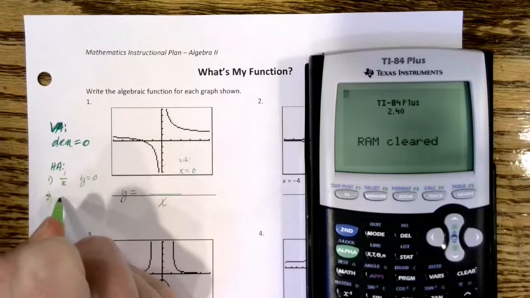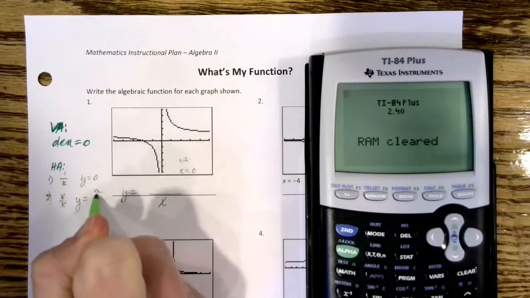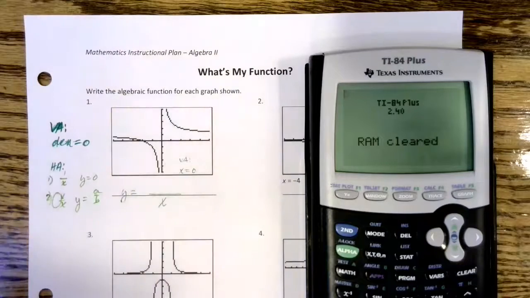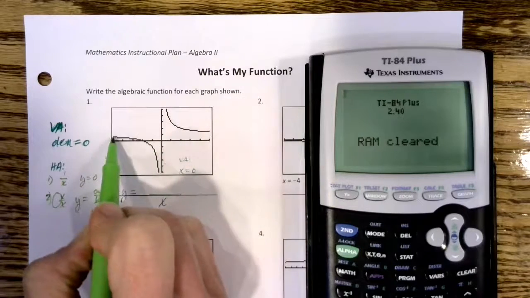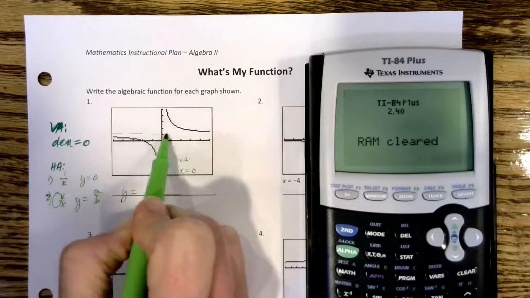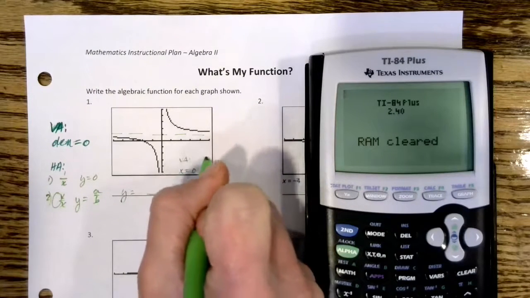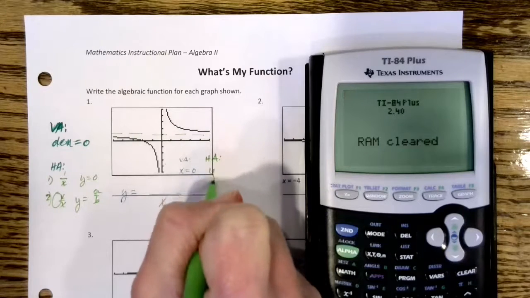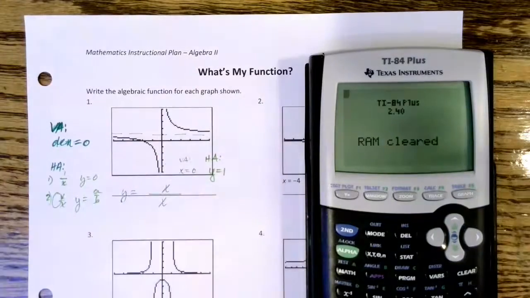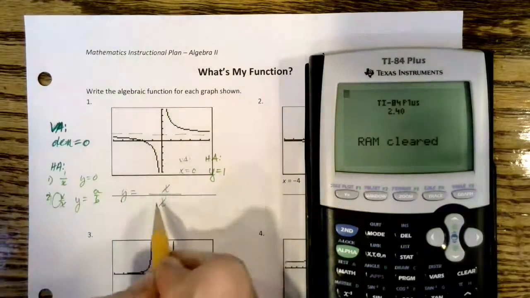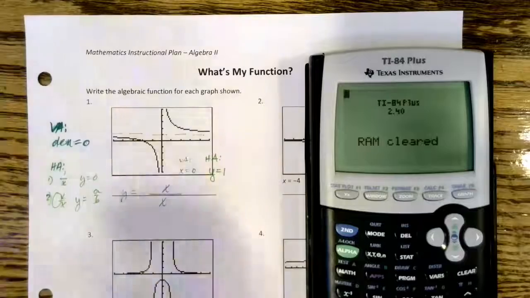When I have the same number of x's in my numerator and denominator, my horizontal asymptote is the fraction of their coefficients, which means this looks like a horizontal asymptote of y is equal to 1. So as I build my function, that means I have the same number of x's in my numerator and denominator. That doesn't look like much of a function there, does it?